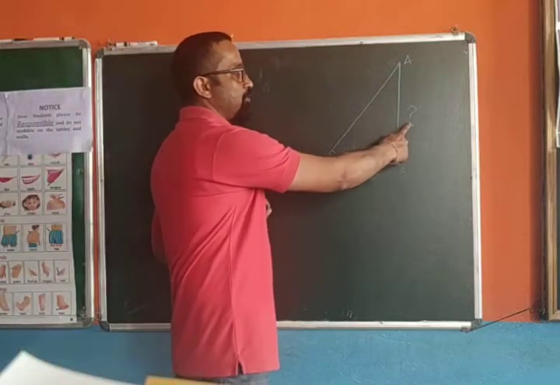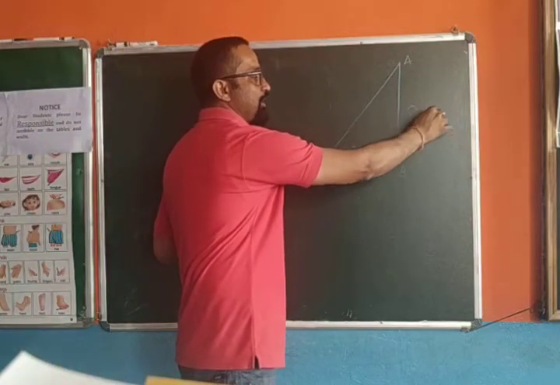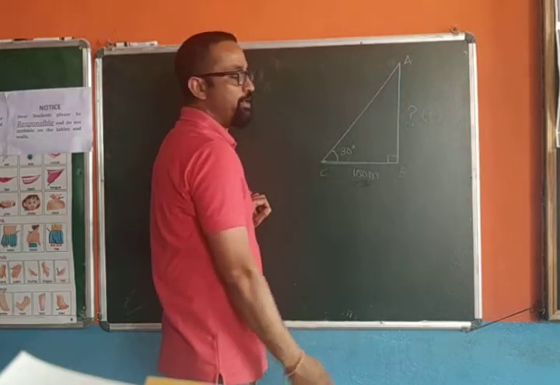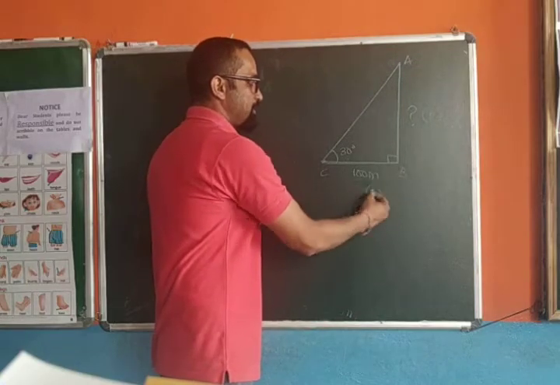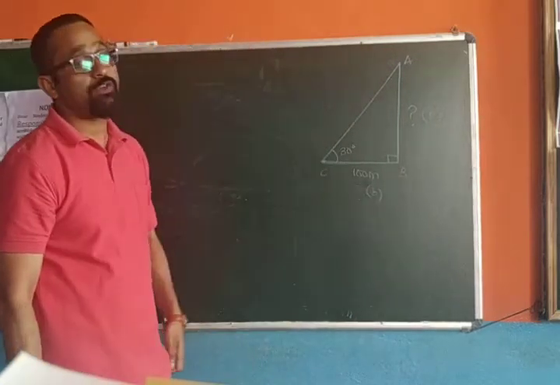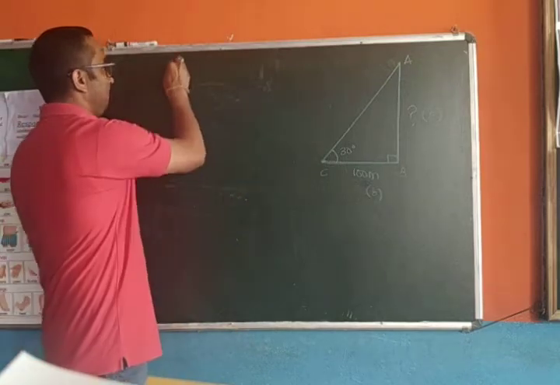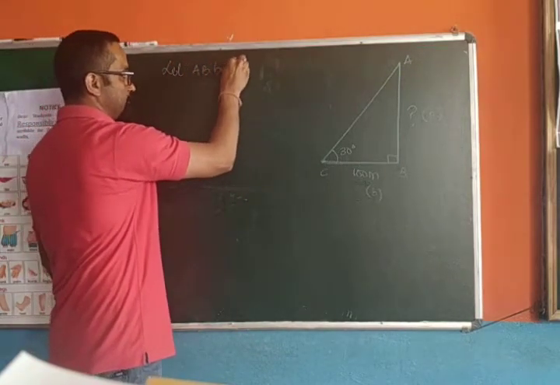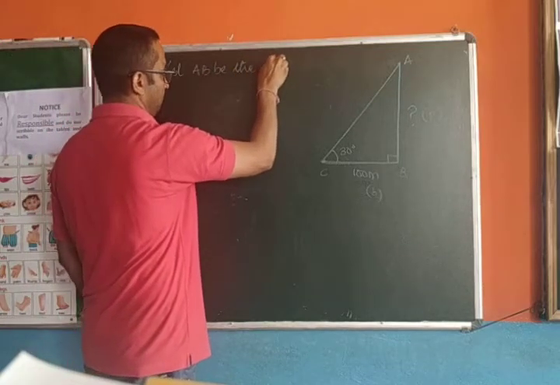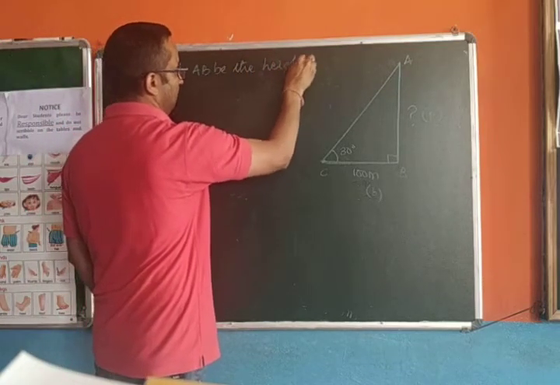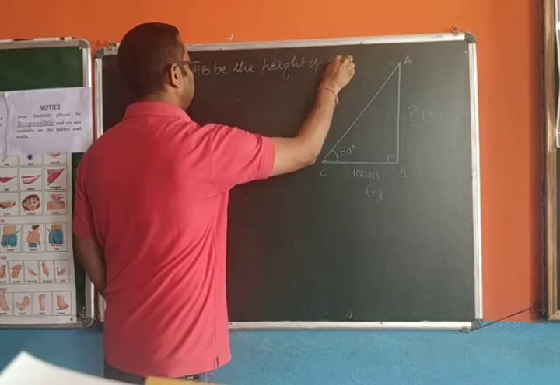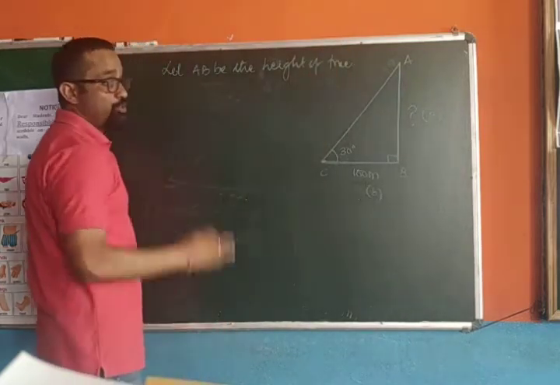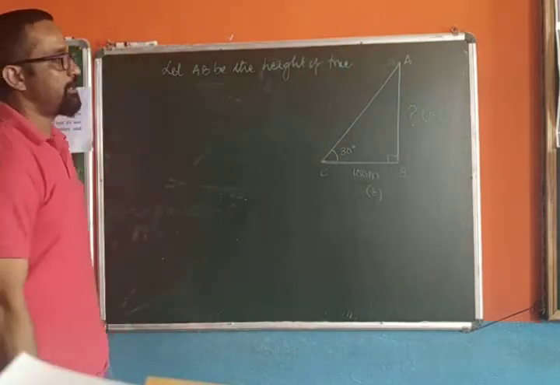You have to calculate the height of the tree, meaning we are asked to calculate the perpendicular; the base is given, and the angle of elevation is given. Let AB be the height of the tree. We assume AB as the height of the tree.